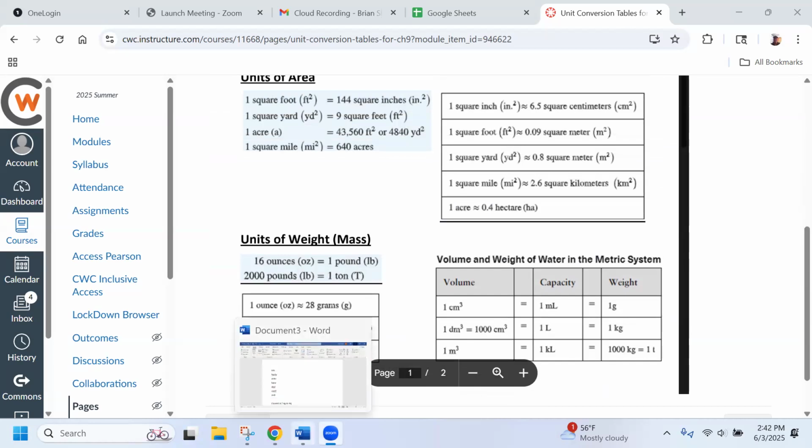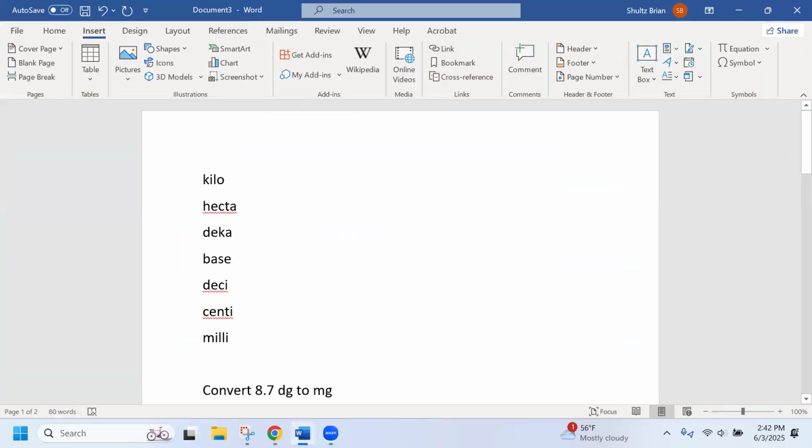So let's just start off with talking about the metric system conversions that we have talked about before, but I'm going to remind you that if I am moving from large units like kilo, hecta, deca to smaller units, I am going to multiply by 10 for each unit.